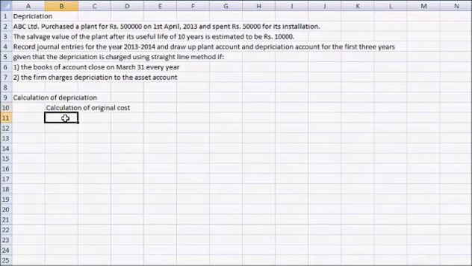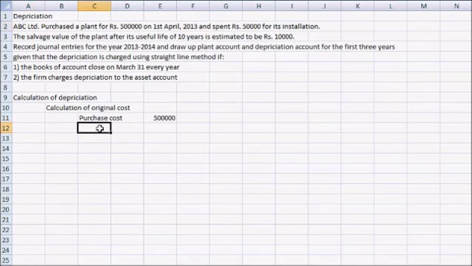For this, we'll use the purchase cost, which is given here as 5 lakhs. Then after purchase, the machinery, rather the plant, has been installed and 50,000 has been spent for that, and that would add to the purchase cost to calculate the original cost.